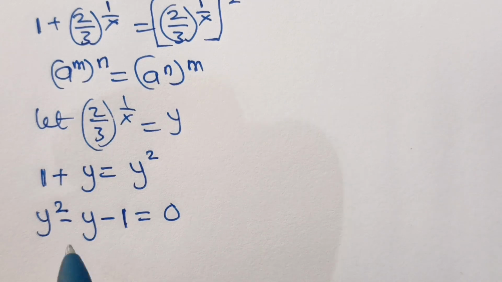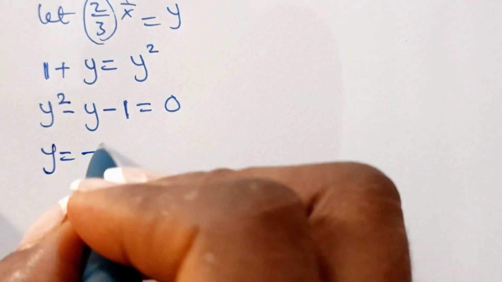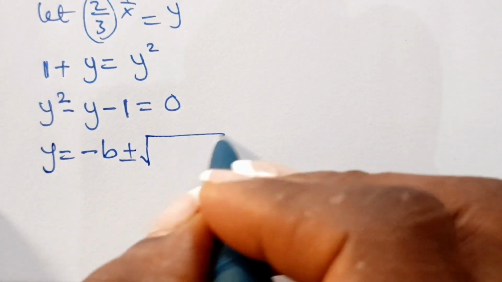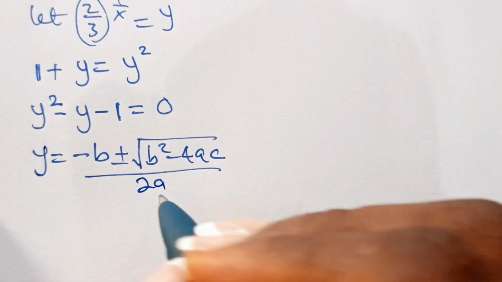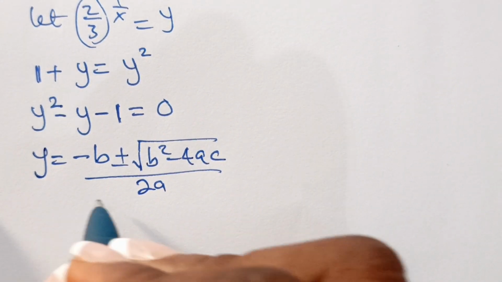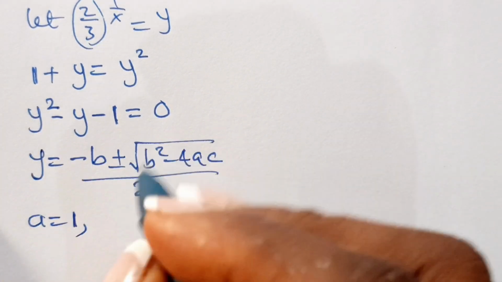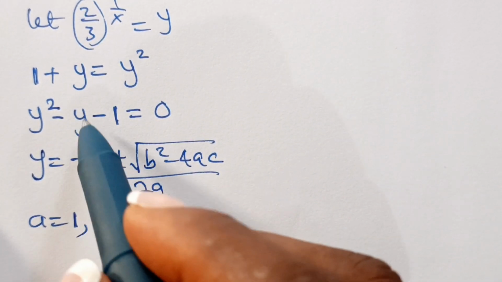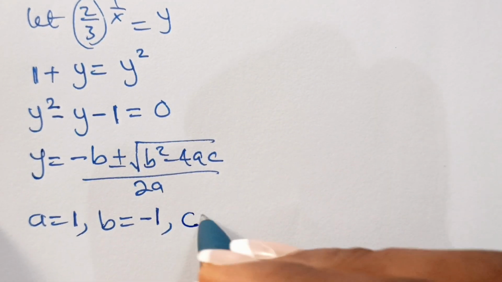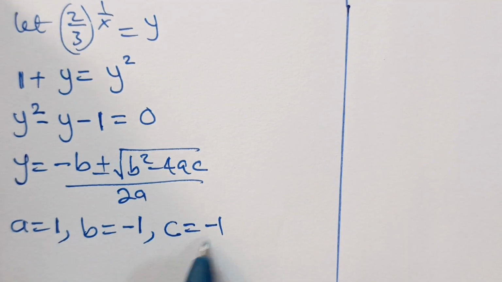Now, the quadratic equation formula states that y will be equal to minus b plus or minus square root of b squared minus 4ac, everything divided by 2a. So we can now write from here our a is equal to 1, that is the coefficient of y squared. Then our b is minus 1, which is the coefficient of y, and our c is our constant, which is also minus 1. Now let's substitute the whole of this into this particular equation.